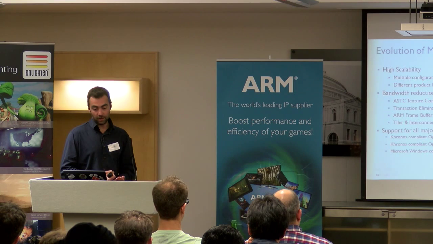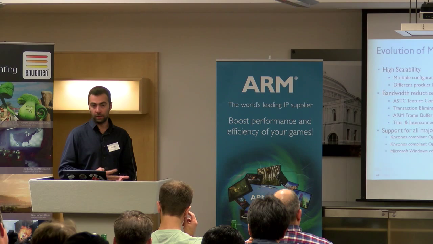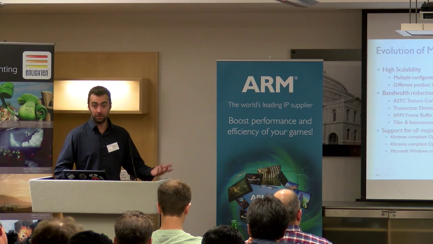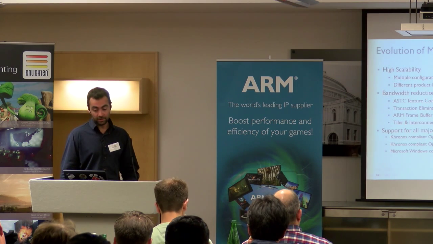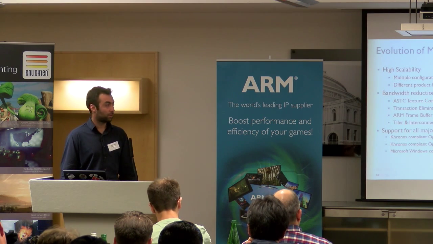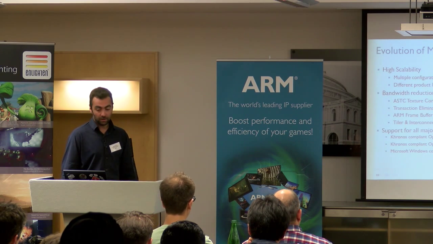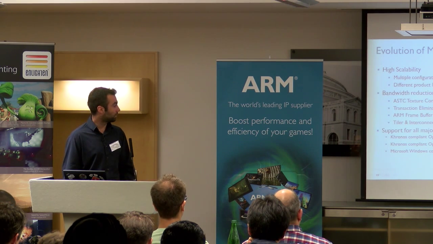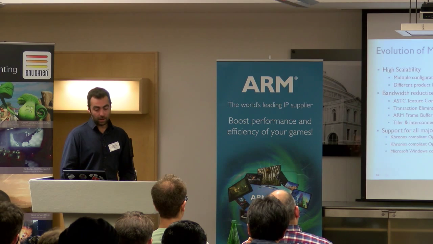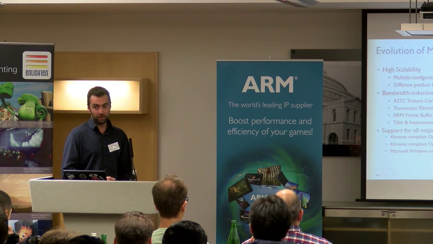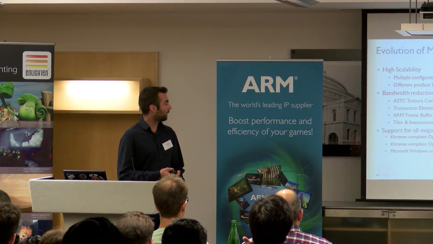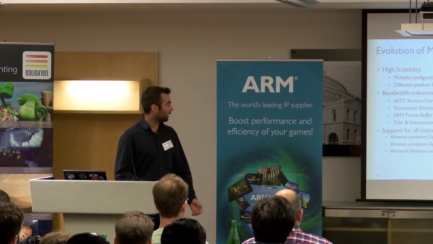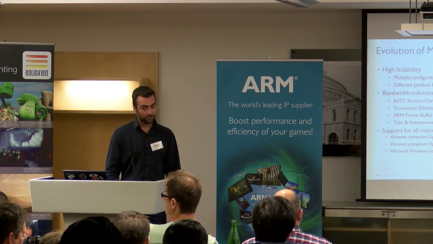We have introduced a number of bandwidth saving techniques, which are saving you both power and also improving performance in bandwidth limited systems like ASTC, transaction elimination, smart composition, and AFBC, as well as tiler and interconnect optimizations. And we are also supporting all the major graphics APIs like OpenGLES 3.1, OpenCL, and Windows DirectX.